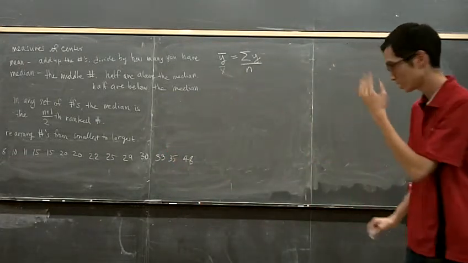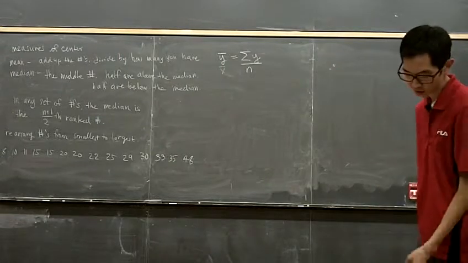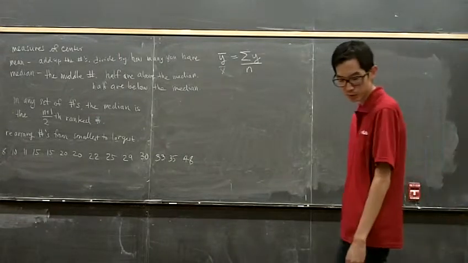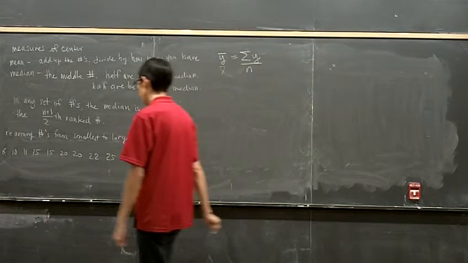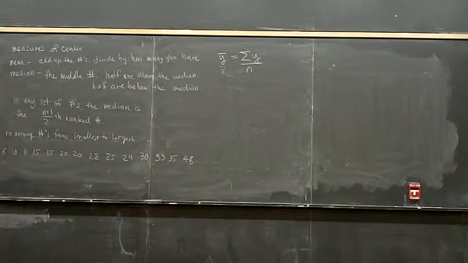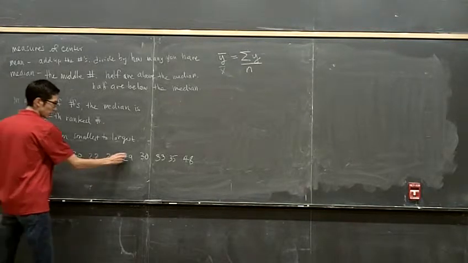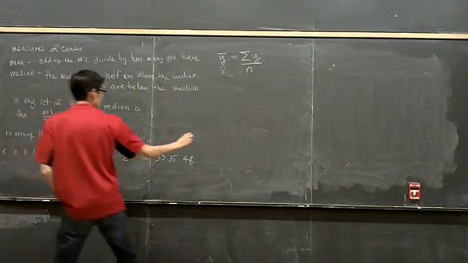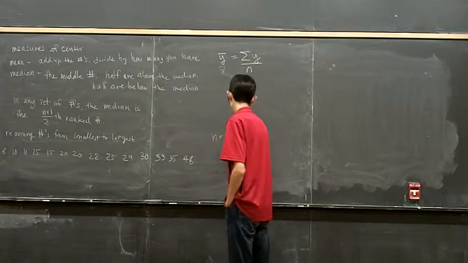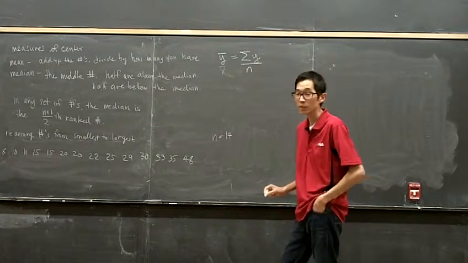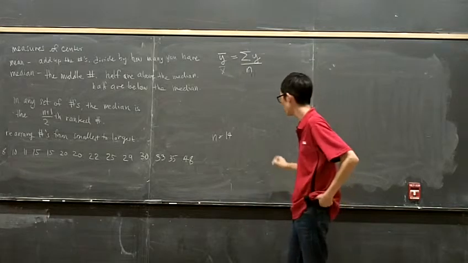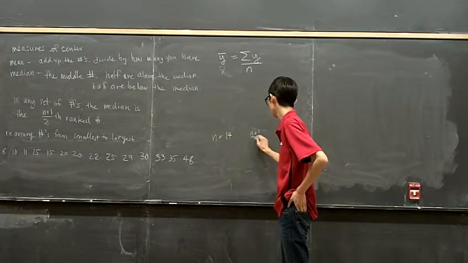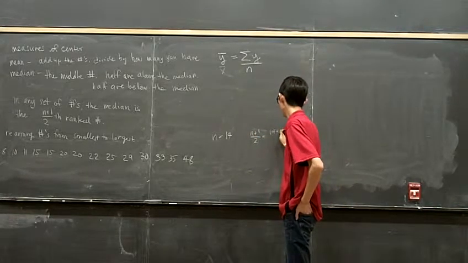Okay, so let's say these are some numbers we get. So I've arranged them from smallest to largest. So how many numbers do I have? I got 1, 2, 3, 4, 5, 6, 7, 8, 9, 10, 11, 12, 13, 14 numbers. So here my n is equal to 14. So it's the number in the n plus 1 over 2 rank. So n plus 1 over 2 would be 14 plus 1 over 2.